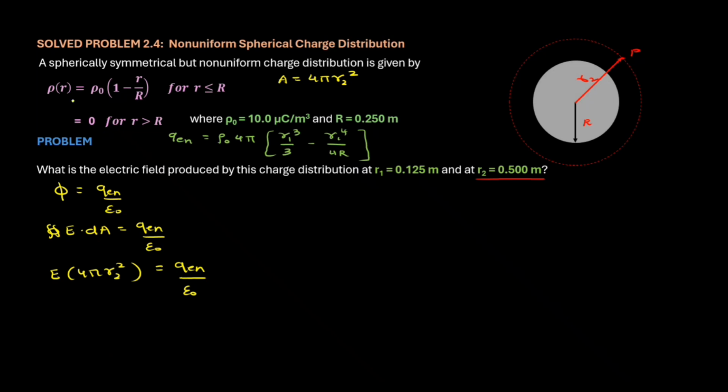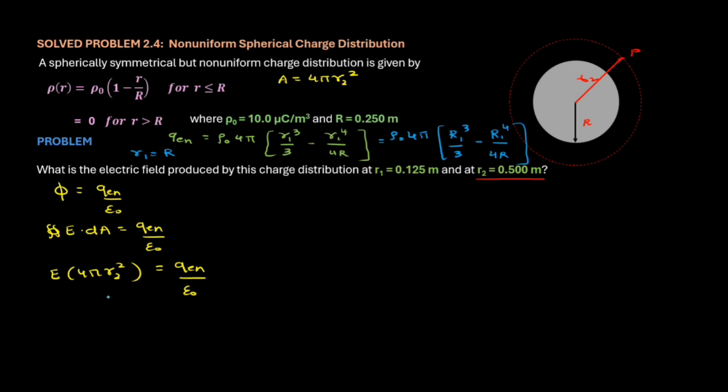Outside the sphere, the charge distribution is equal to 0. So charge enclosed within this Gaussian surface is equal to the total charge of the sphere. And we can write the total charge of the sphere by just replacing R1 here with capital R, the radius of the sphere. So we get charge enclosed equals rho naught 4 pi (capital R cube by 3 minus R to the power 4 over 4R).